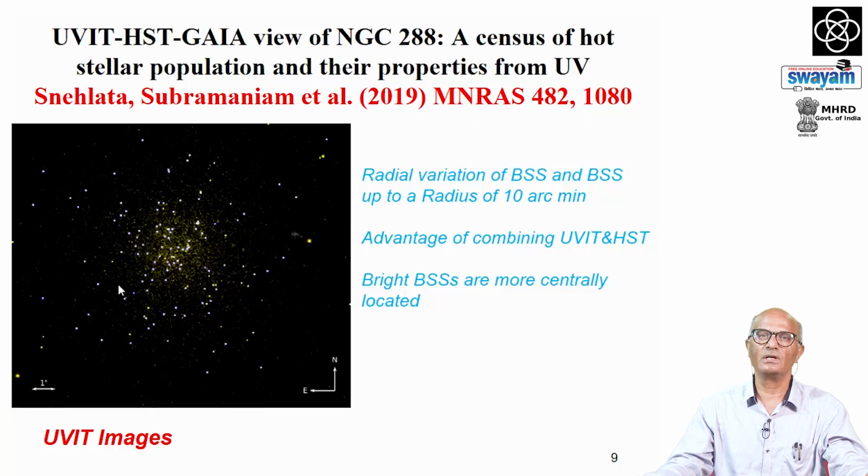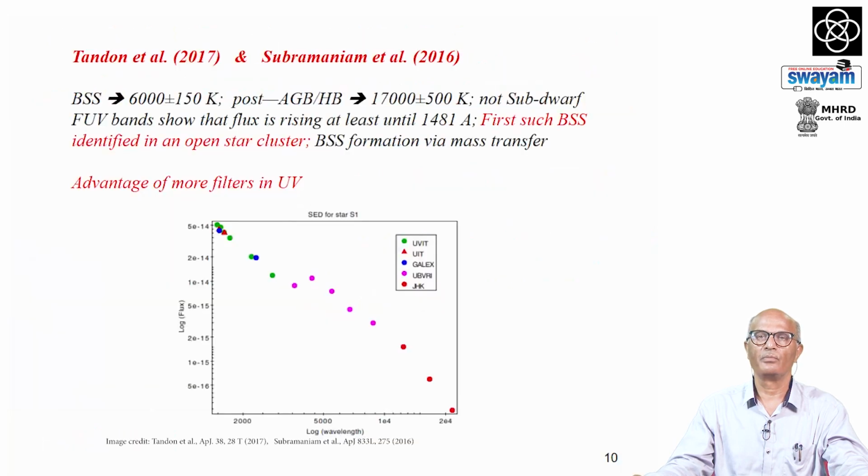That advantage has been utilized in studying these clusters, and they have been able to study the radial variation of blue stragglers up to a radius of 10 arc minutes. This became possible by combining information from UVIT and HST, and it was found that bright blue straggler stars are more centrally located. Then they have been able to conjecture how their properties change with radius and what are the possible scenarios for the formation of blue straggler stars in this cluster.